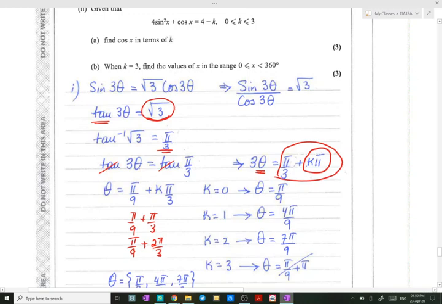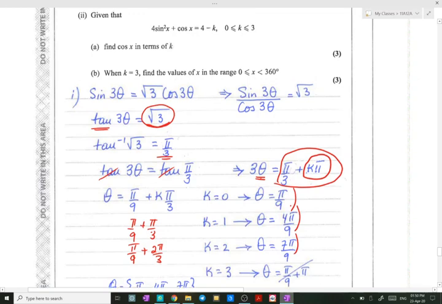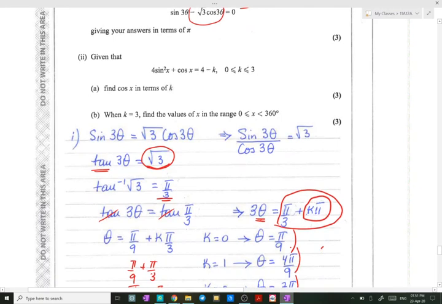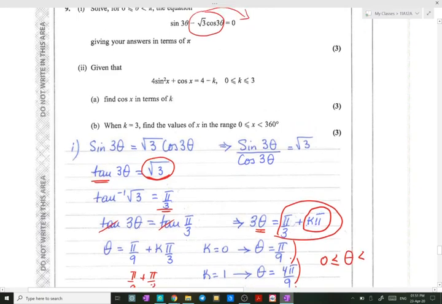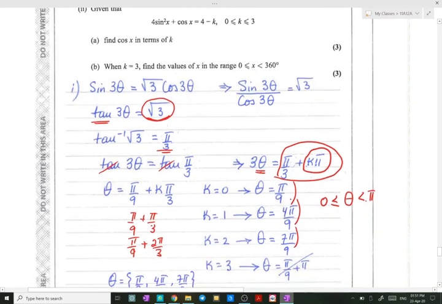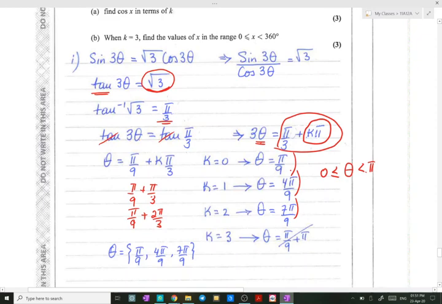Keeping in mind that these answers should satisfy the interval that's given to us in the first place, which is 0 less than or equal to theta less than pi. Until now, all of these values satisfy the interval until we reach k equals 3.